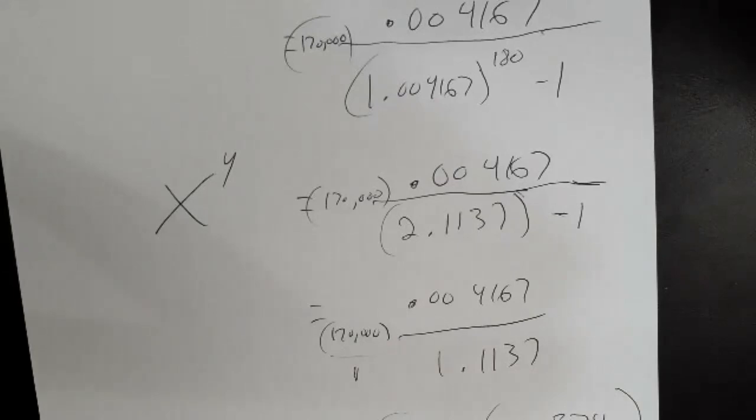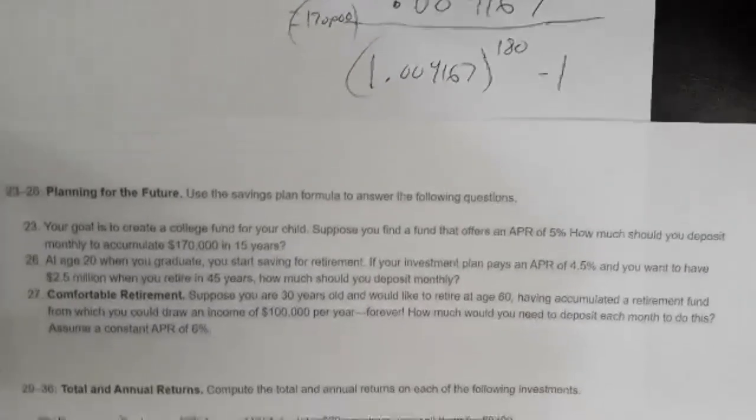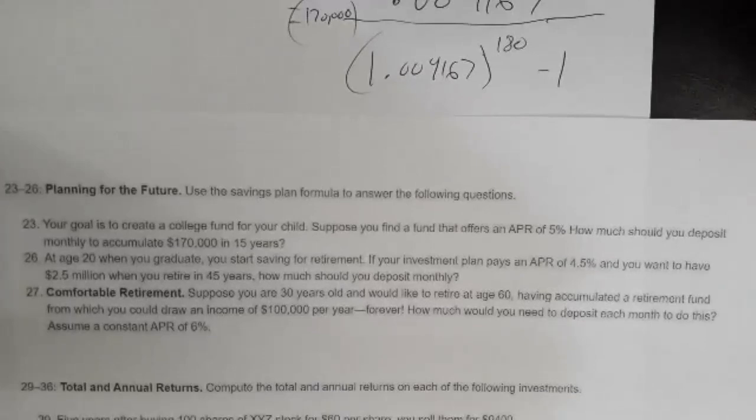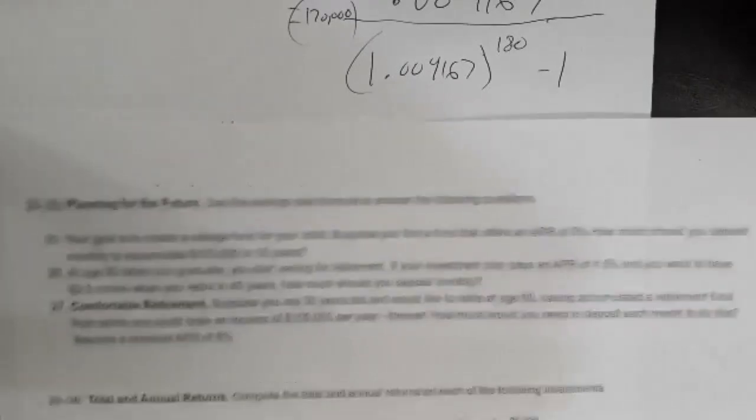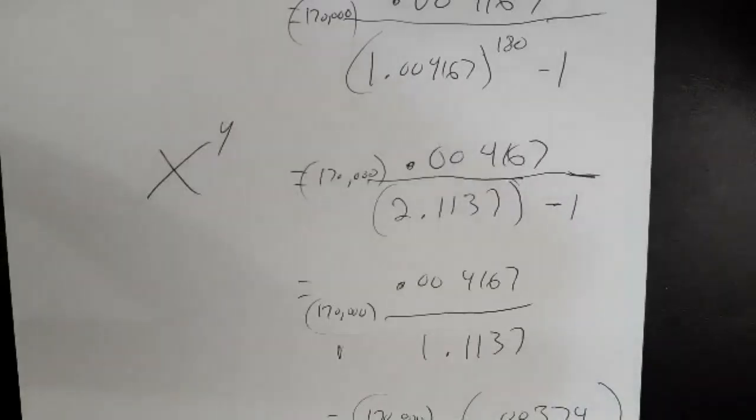If your investment plan pays an APR of 4.5%, and you want to have 2.5 million when you retire in 45 years, how much should you deposit monthly? Oh, okay. I did it with the other calculator and it came out right on the number, so I guess I'm gonna keep using this. That's what I'm doing. All right, thank you, Professor.